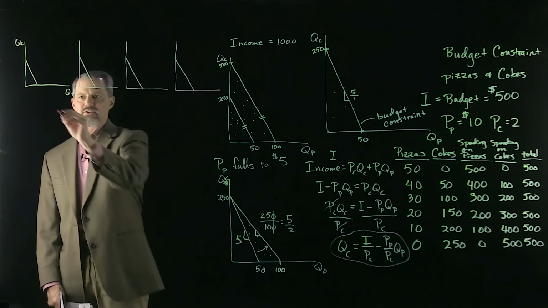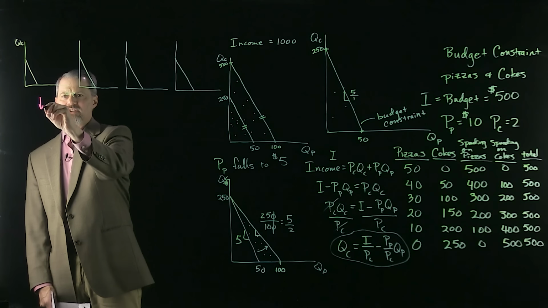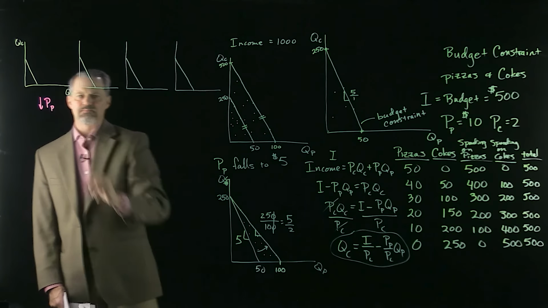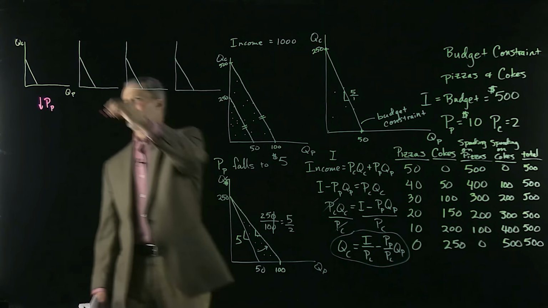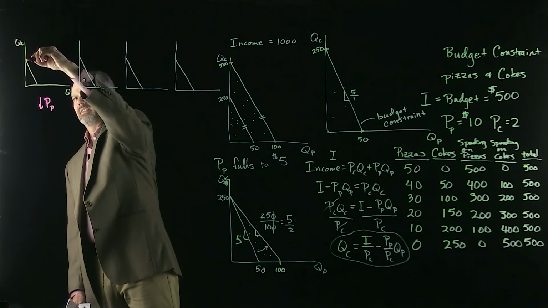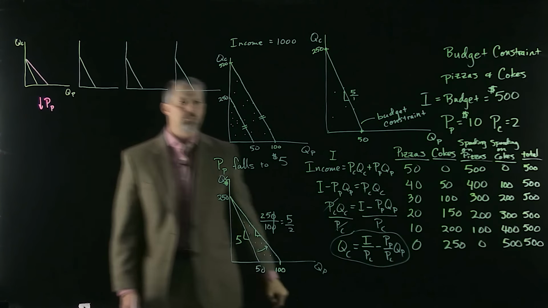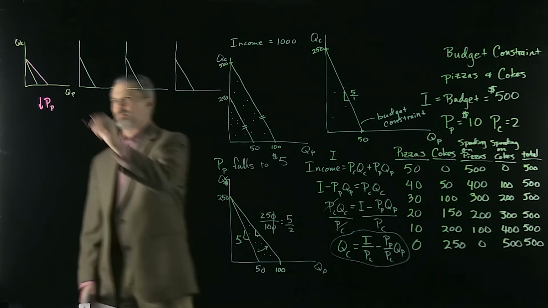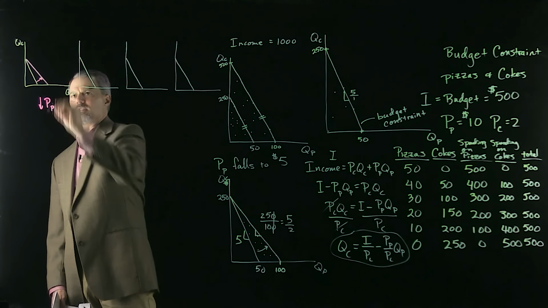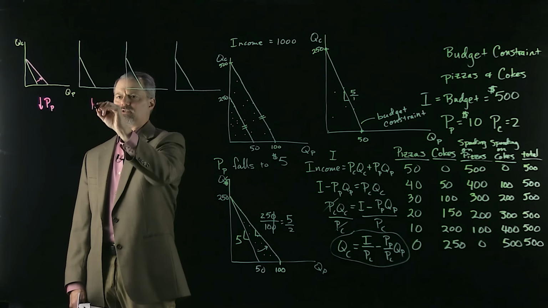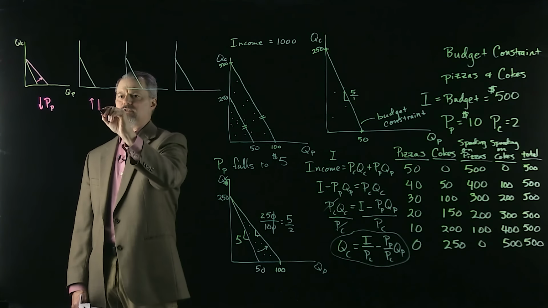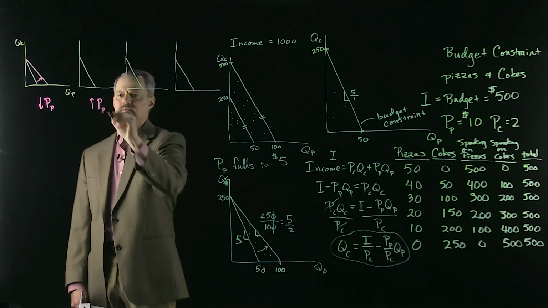What we did there is we had a decrease in the price of pizzas. And what we saw was that pivoted this thing out like that. It allowed us to purchase more pizzas than before. So it pivoted out in this direction. In this picture, let's think about what would happen if we increase the price of pizzas.